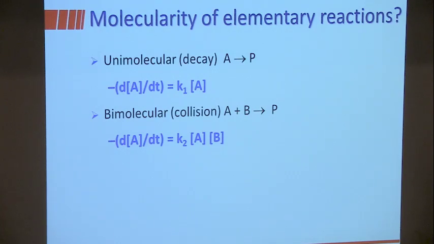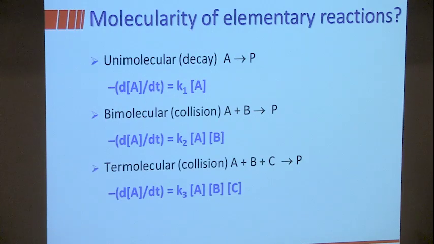What about 2A giving us products? Or A plus A, if you want to look at it like that, giving us products. Is that first order or second order? Is that unimolecular or bimolecular? It's bimolecular. So 2A giving us products, or A plus A, it's bimolecular.